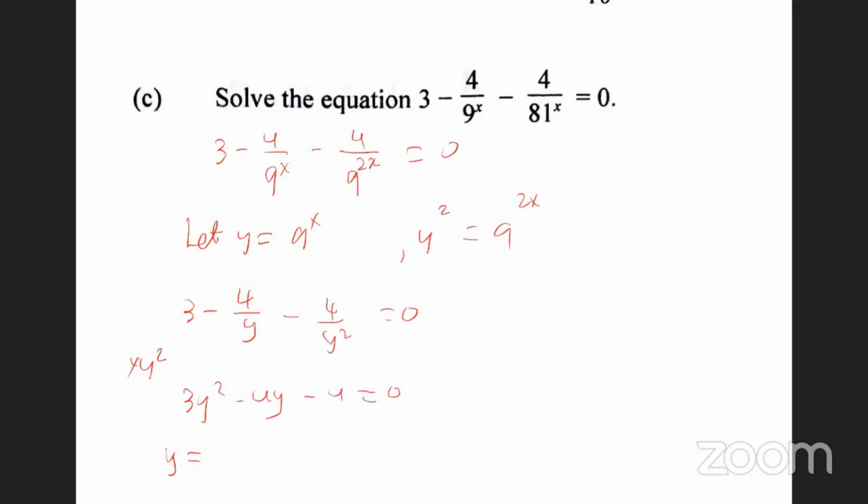Y is what? 2, and minus 2/3. So it means that 9 to the x is 2, or 9 to the x is minus 2/3. No solution, right? And here you take logs, so you'll get log 2 over log 9.